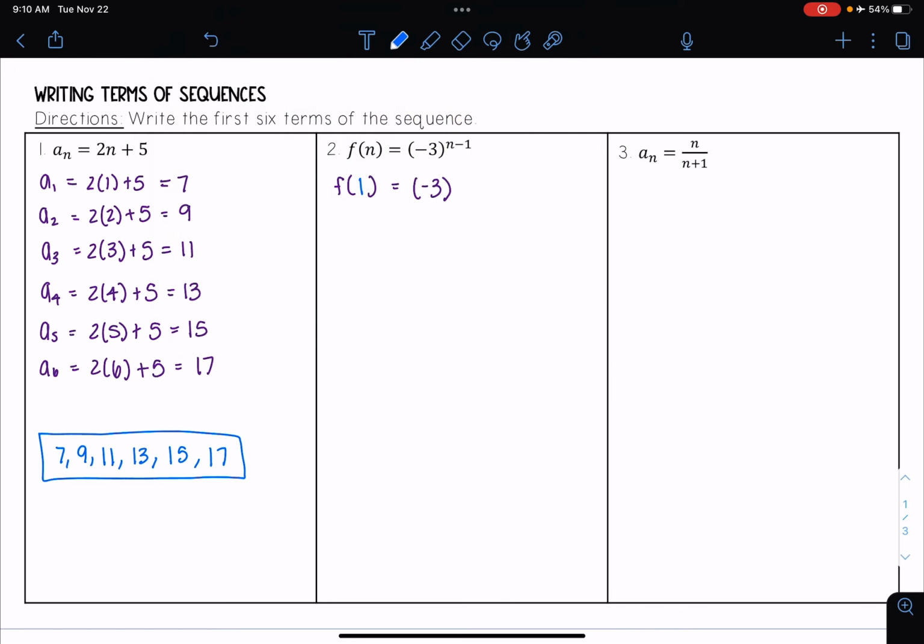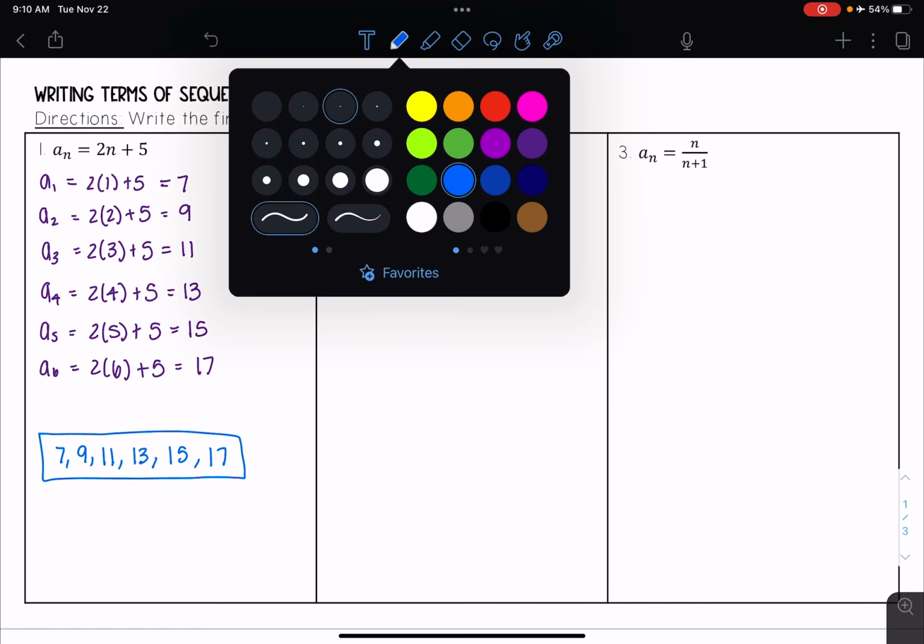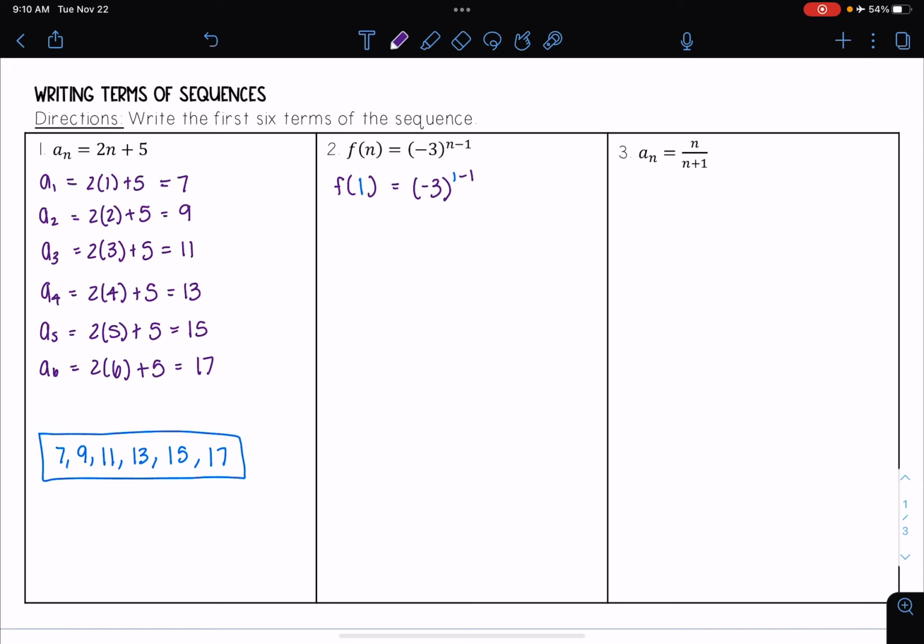But here, instead of n, I'm going to replace that with 1. Well, 1 minus 1, I get 0, so this becomes negative 3 to the 0. And anything to the 0 power is just equal to 1.